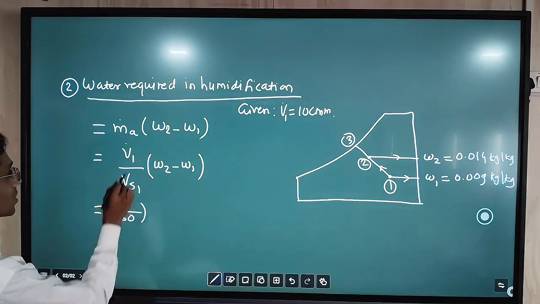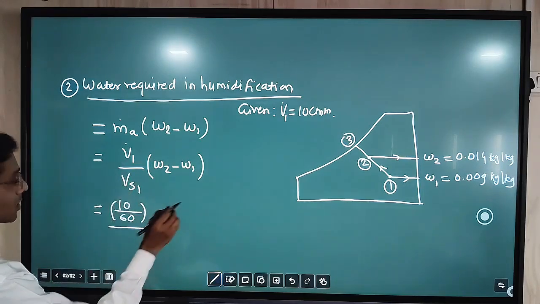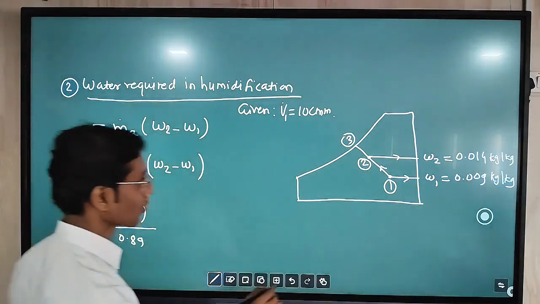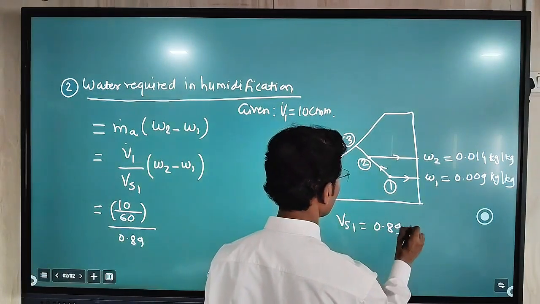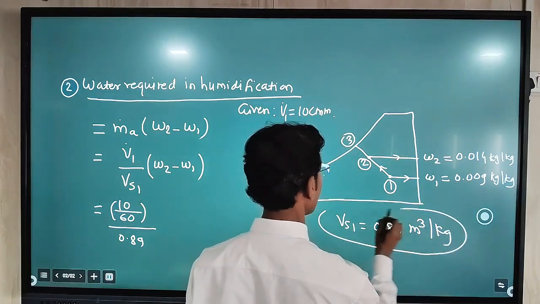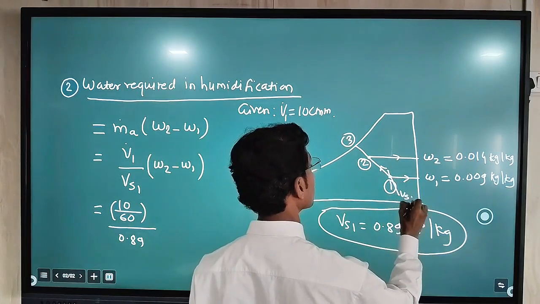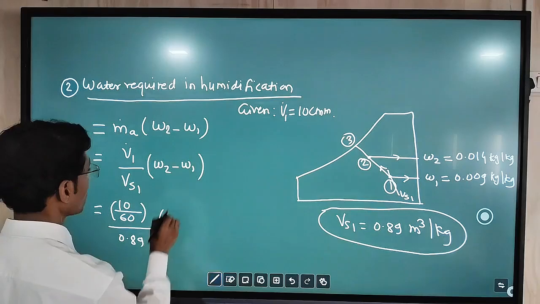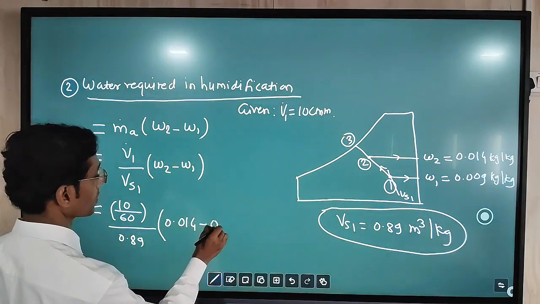So 10 by 60, that is meter cube per second, divided by specific volume that we have obtained from the psychrometric chart, 0.89 meter cube per kg. This we have obtained from the psychrometric chart. So this we will put in a bracket, specific humidity values obtained from the chart.